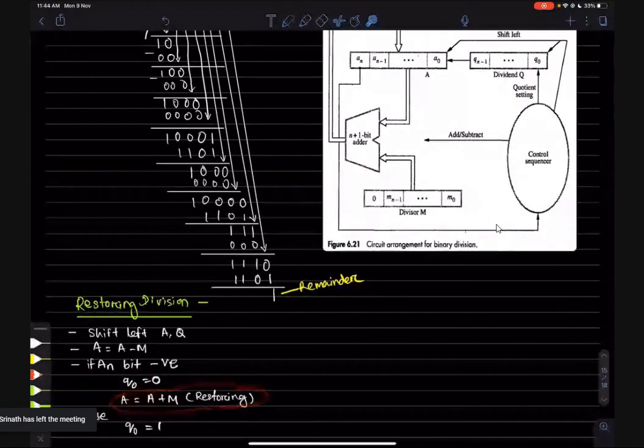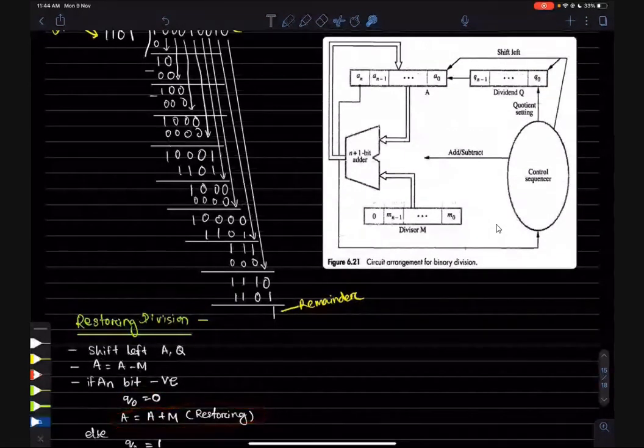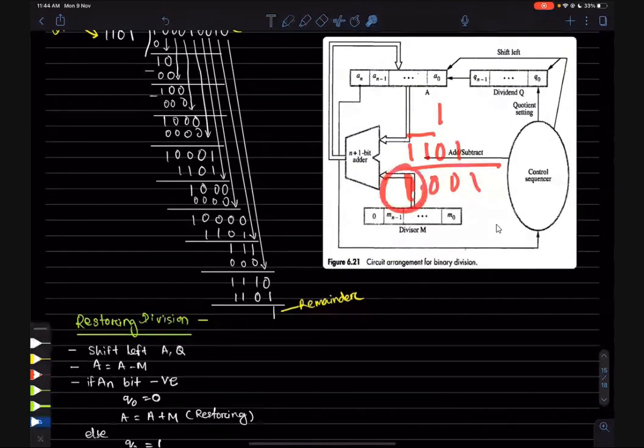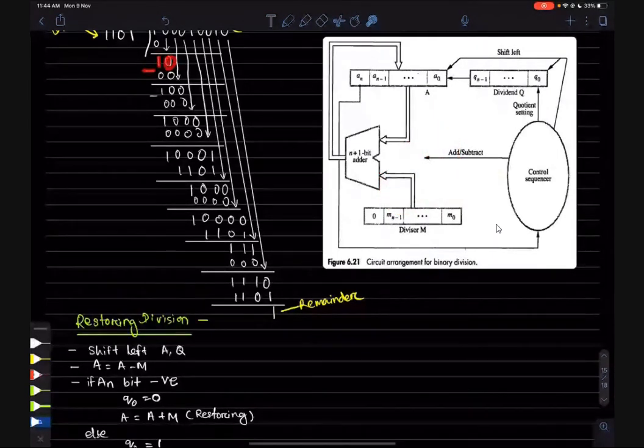What is the meaning? After doing the A minus M operation, 1 minus 1101, we will get some negative value, something like 1001. That negative value we don't want, because here whenever you do a minus operation you should always get a positive value, not a negative value.